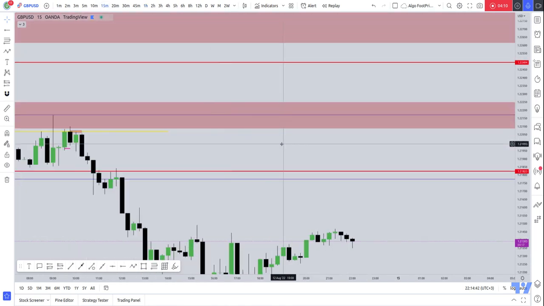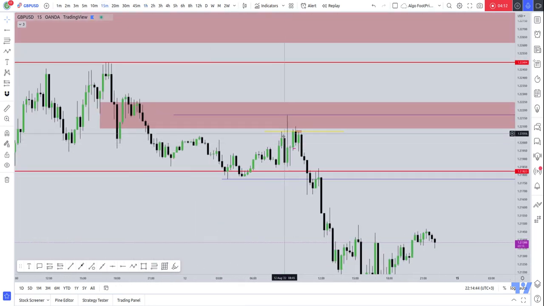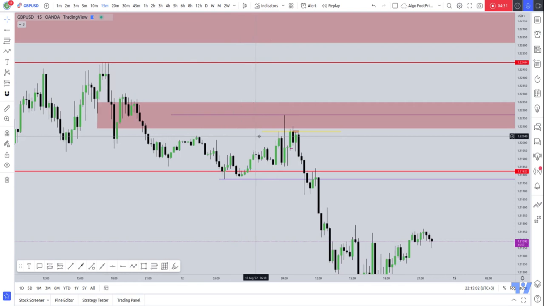I switched to M15. This is the same high that price basically shot up with so much momentum. It touched the order block and then went lower and it closed below. So to me, price going above these highs, I regard that as liquidity grab.